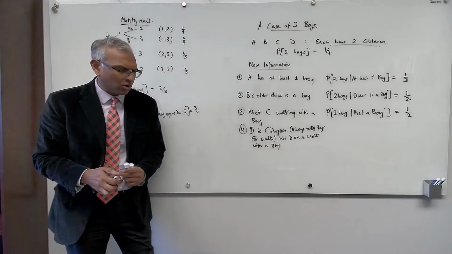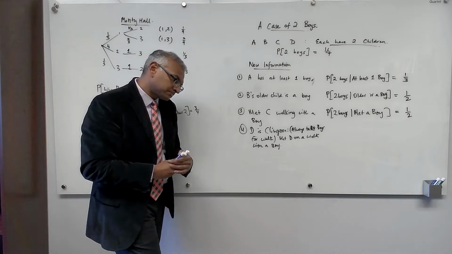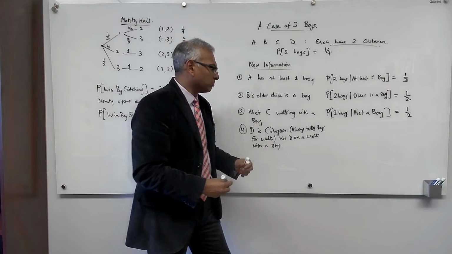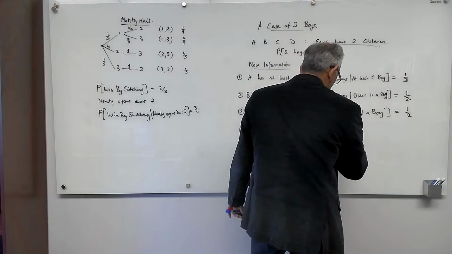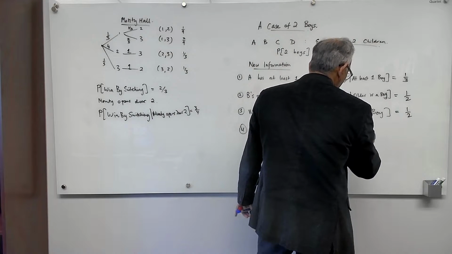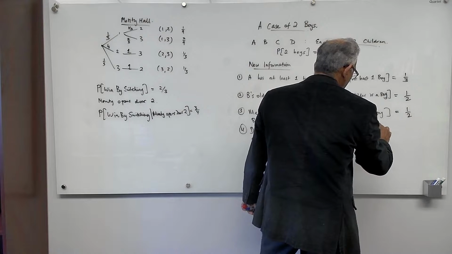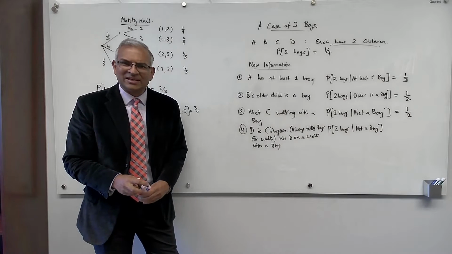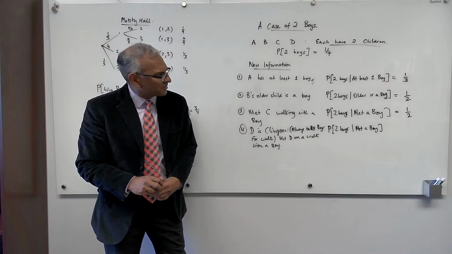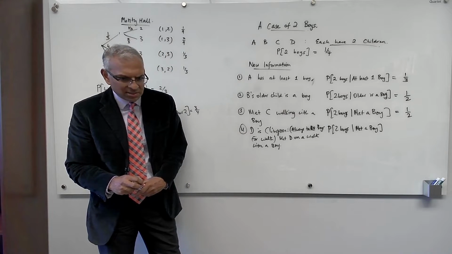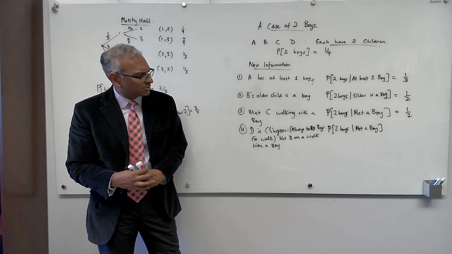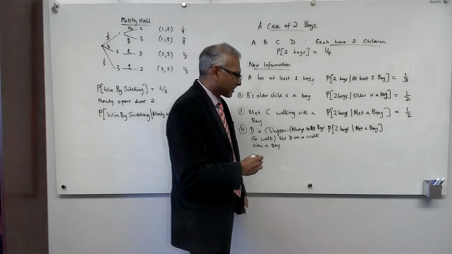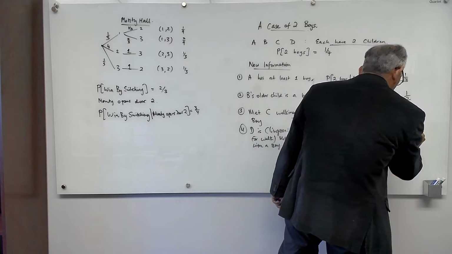They always take boys for a walk. Okay. So, what are the chances that D has 2 boys? Probability of 2 boys given that you met a boy. Okay. And now, ironically, the chances of 2 boys given that you met a boy on a walk is exactly equal to 1/3.